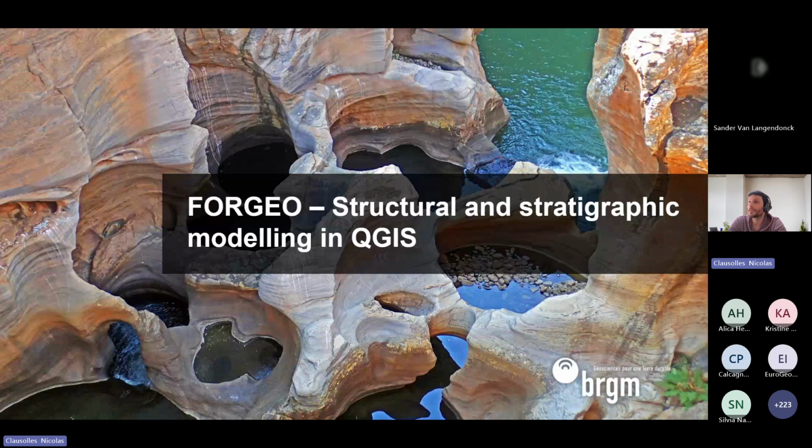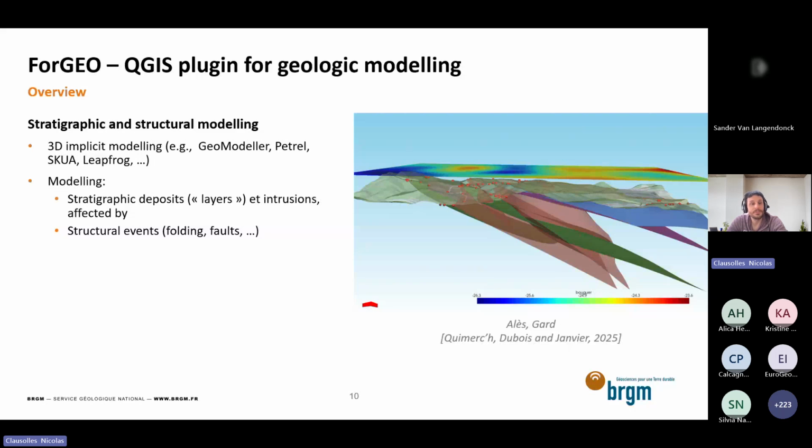And now, speaking a bit more about this development, what is ForGEO? ForGEO is a plugin to do structural and stratigraphic modeling in QGIS. In order to give you a brief overview, more specifically, we are talking about 3D implicit modeling, which has become quite the norm these last 2 decades in terms of 3D modeling for geology.